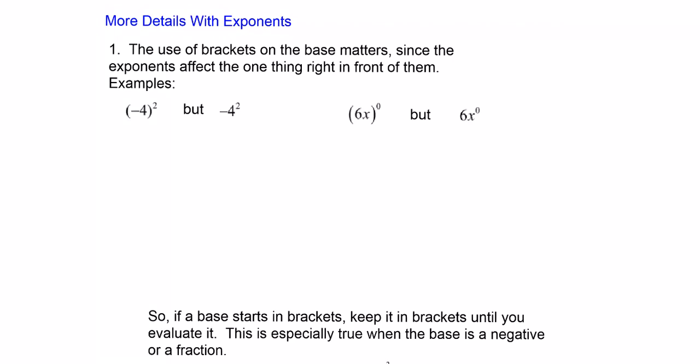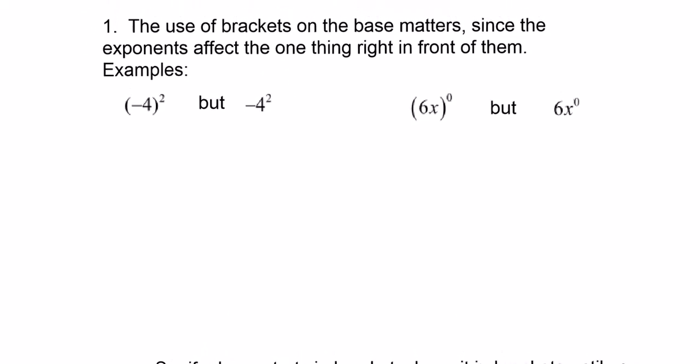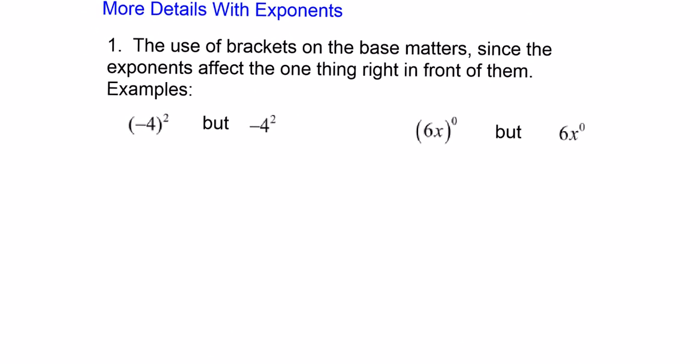Now, we have to go over some more details with the exponents. One of the things that you need to realize is that when we're dealing with exponents, the exponents are always applied to the bracket or the number that is directly beside it. So in this case, we see (-4) squared.